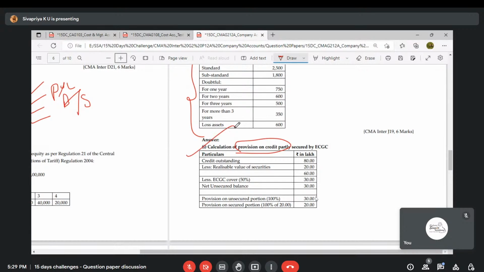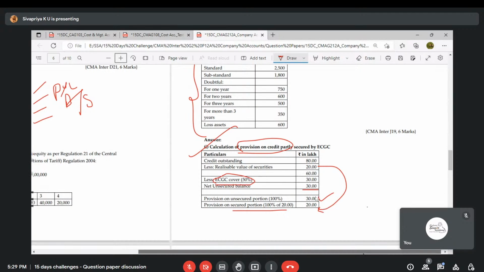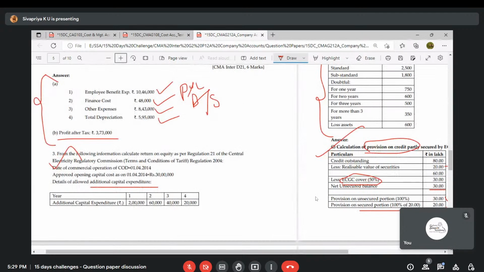In the format we know, credit outstanding less the realizable value of securities, and the ECGC cover of 50%, the balance is the unsecured portion. For the unsecured portion you have to take 100%, and for the secured portion also take 100%. This is the first part of the question.